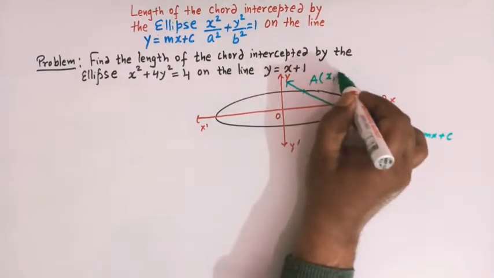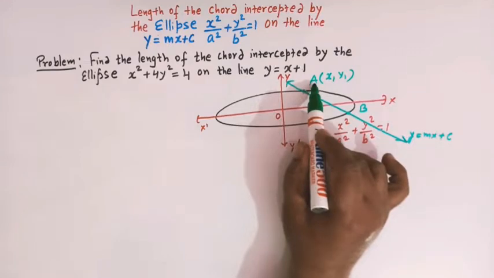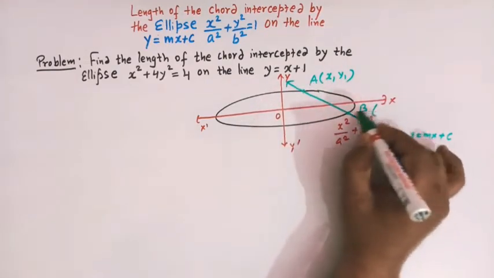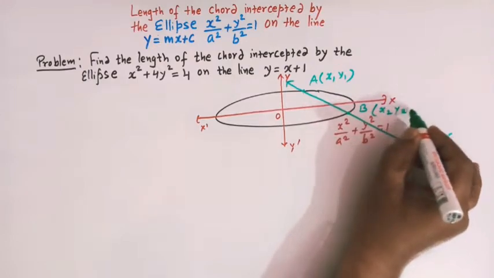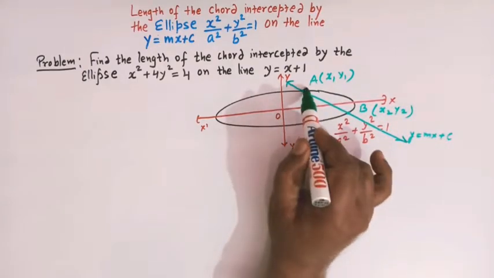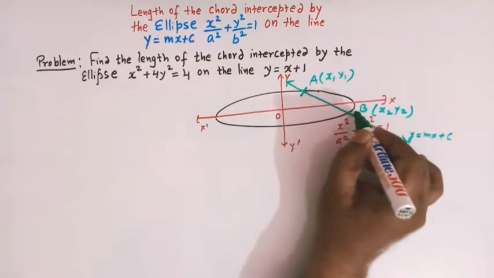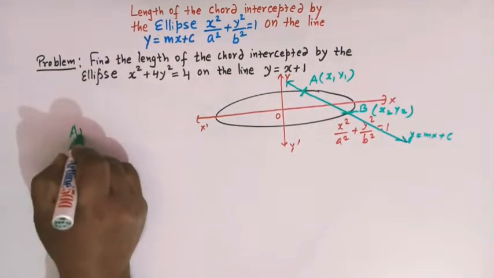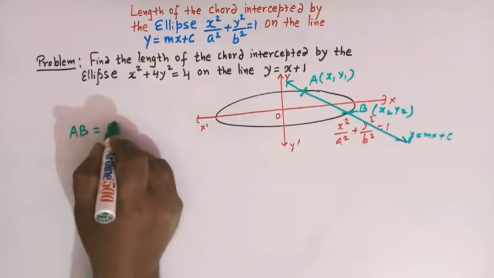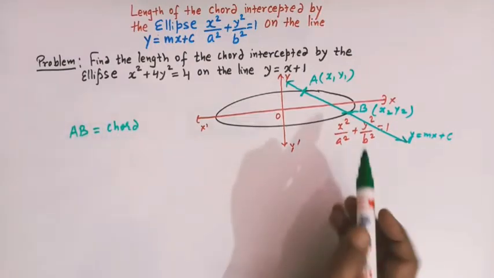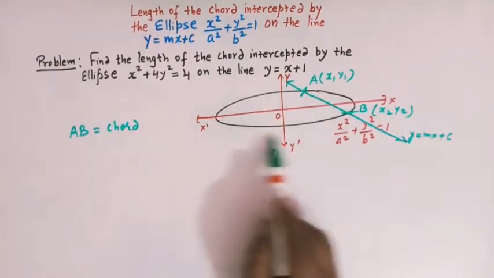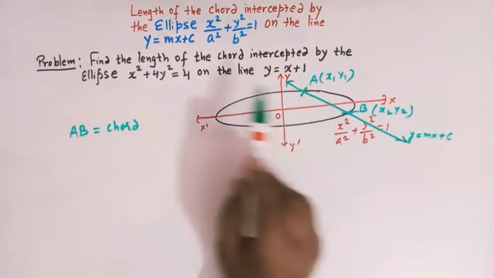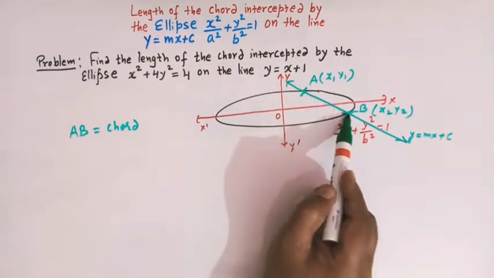Suppose the coordinates of point A are x1, y1 and the coordinates of point B are x2, y2. So we have this segment AB, which is the chord intercepted by this ellipse on this line, and we have to find the length of this chord.